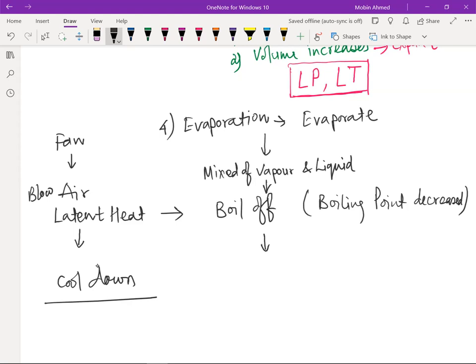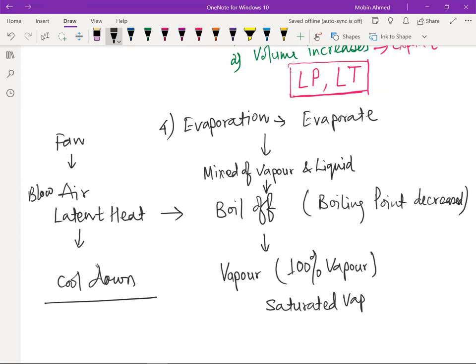Now, when it is going to come out from the evaporator, it is going to change into vapor, and this vapor is known as 100% vapor. This 100% vapor is also known as a saturated vapor.